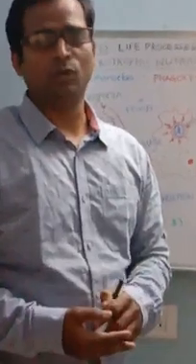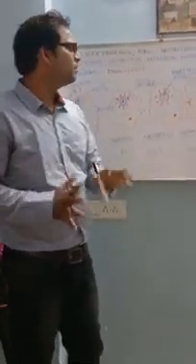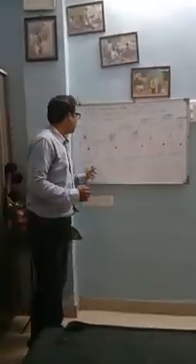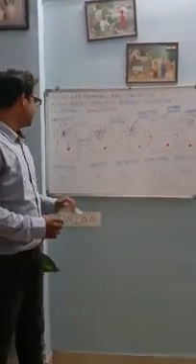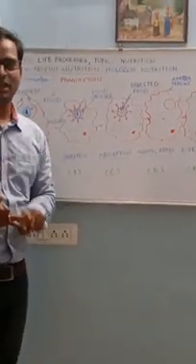And this is how the undigested food is eliminated, or removed out of the body. And these are the 5 steps which are involved in Holozoic mode of nutrition. So always remember the sequence of this nutrition: ingestion, digestion, absorption, assimilation, and egestion.